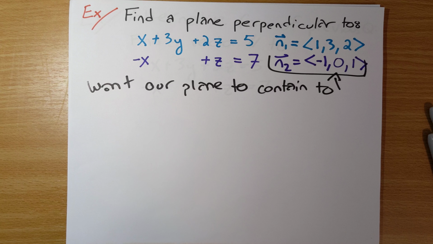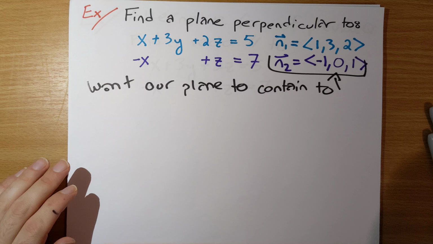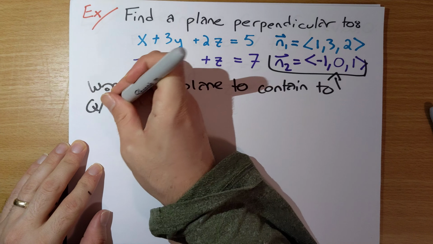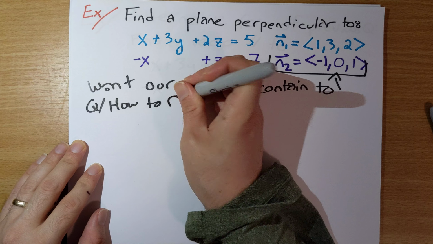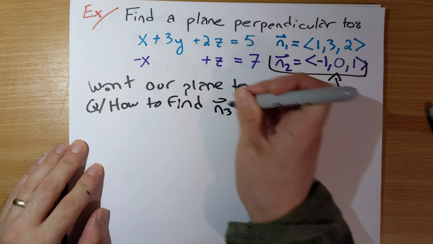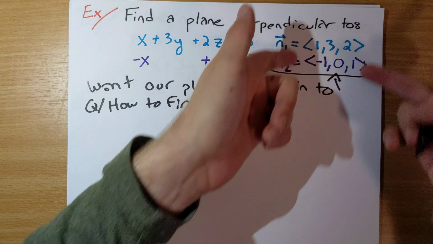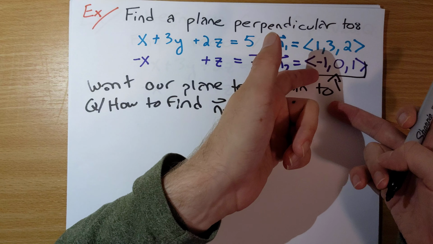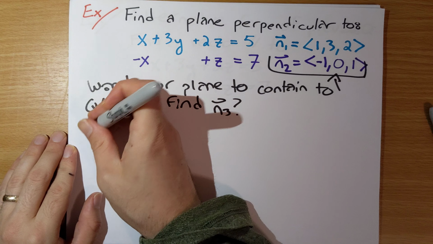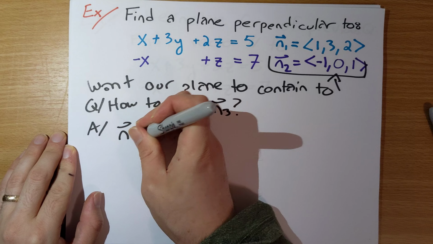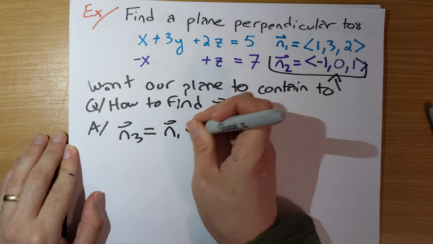We want negative 1, 0, 1 to be parallel to our plane. How to find n3, a normal vector for our plane? How do we find something that's orthogonal to both of these vectors? We take the cross product of these two vectors.